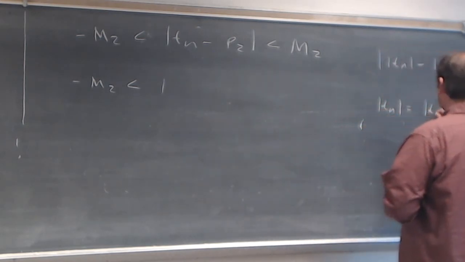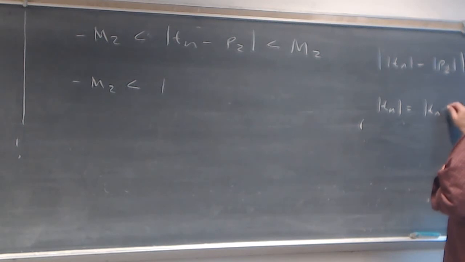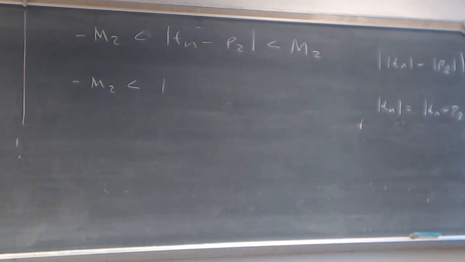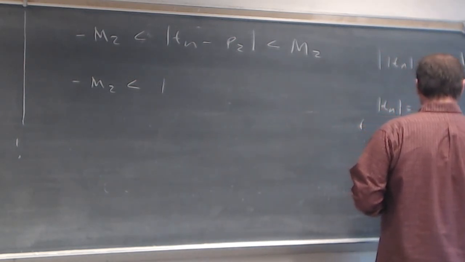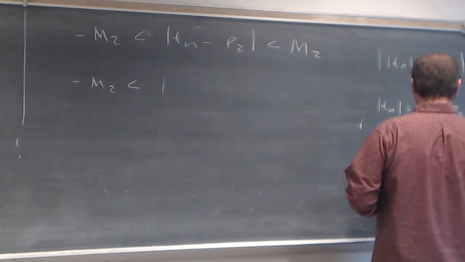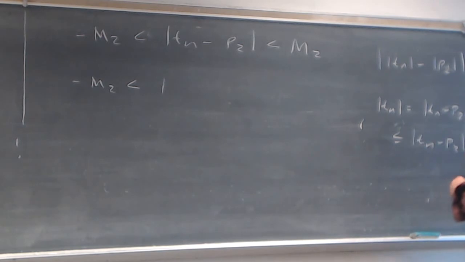It's equal to the absolute value of T sub n minus P sub 2 plus P sub 2. Let's look at this for a second. That's a true statement, right? Okay. And so this is going to be less than or equal to the absolute value of T sub n minus P sub 2 plus the absolute value of P sub 2.